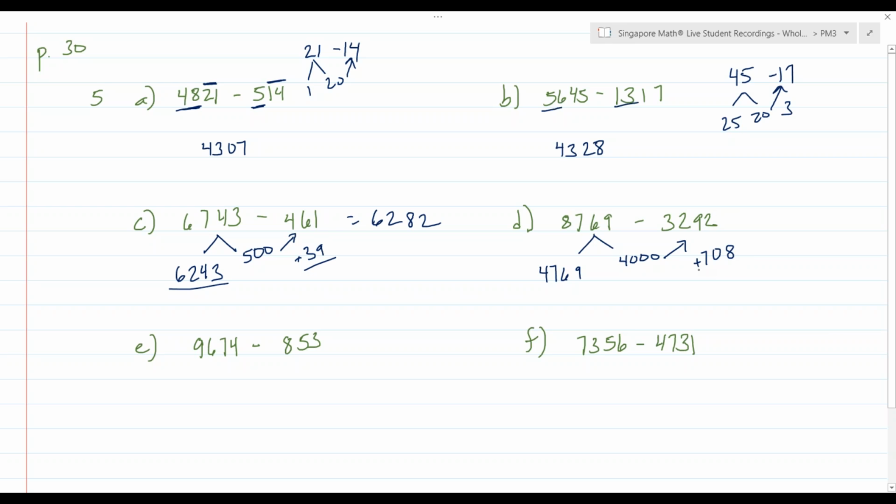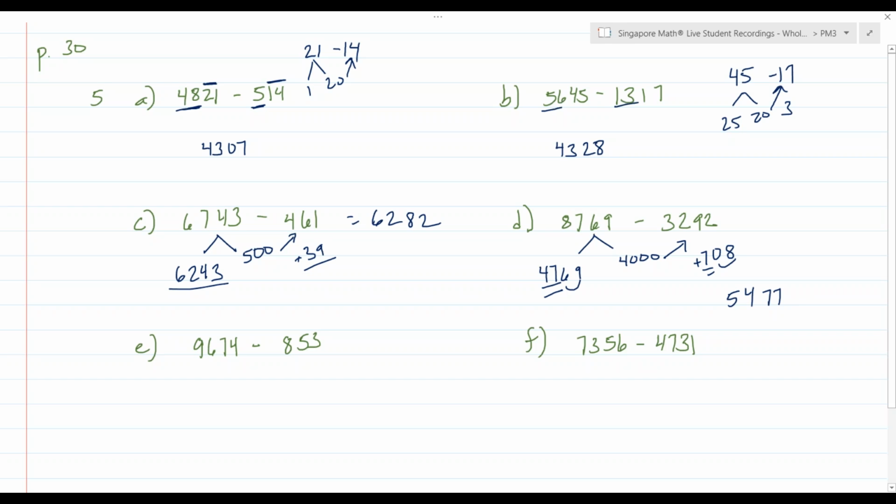So if I subtract 3,292 from 4,000, I get 708. And if I combine that, 4,700 and 700 is going to give me 5,400, and 69 and 8 is 77.